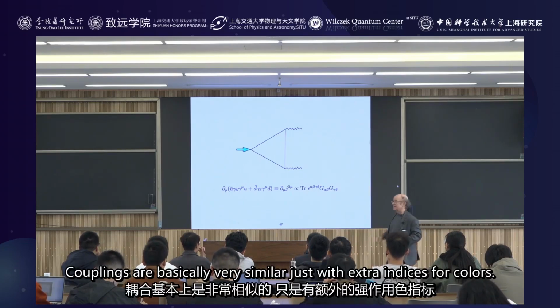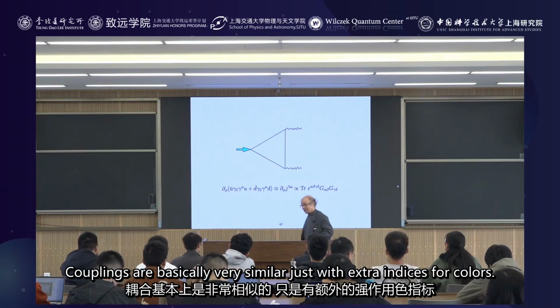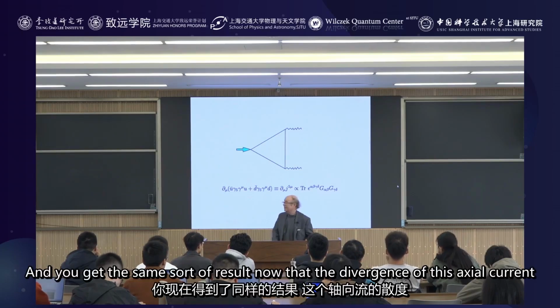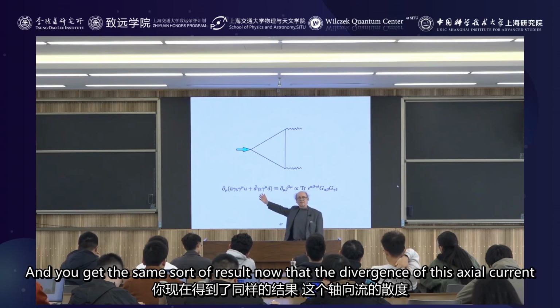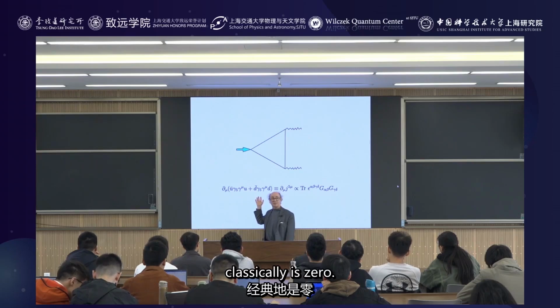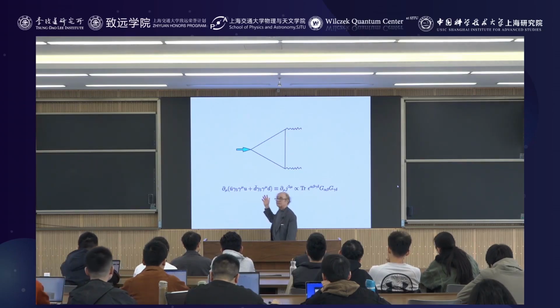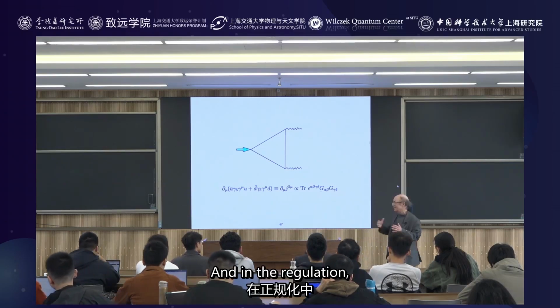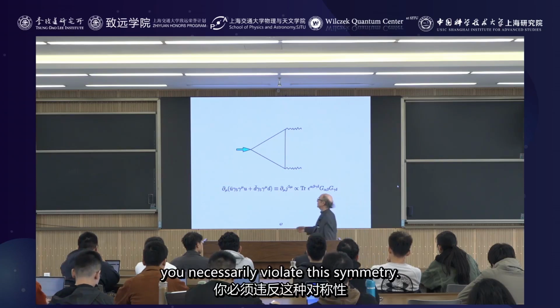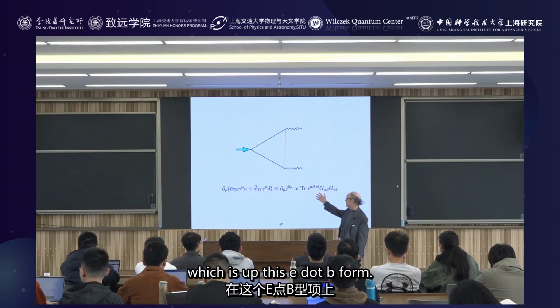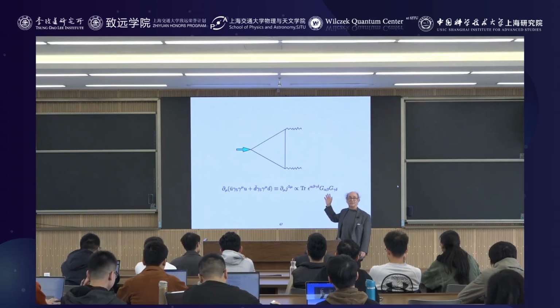The couplings are basically very, very similar, just with extra indices for colors. And you get the same sort of result: the divergence of this axial current, which classically is 0, because to define the theory you have to regulate, and in the regulation you necessarily violate this symmetry. You find a right-hand side which is of this E dot B form. Exactly.